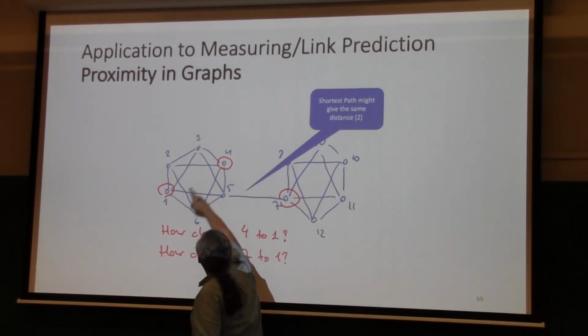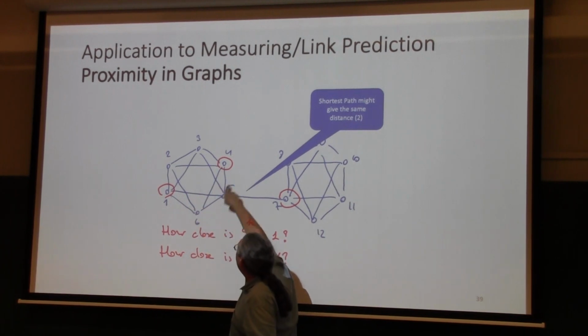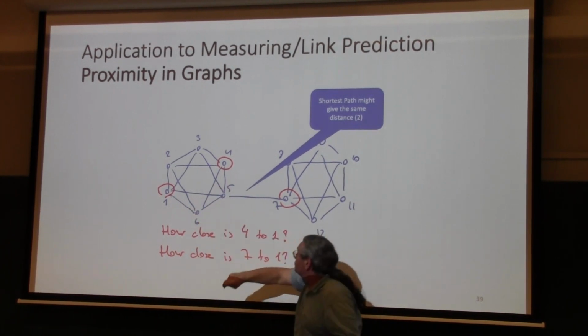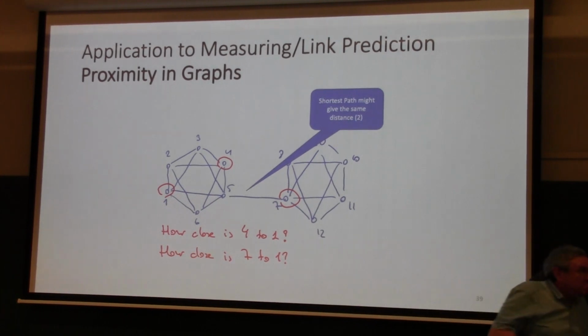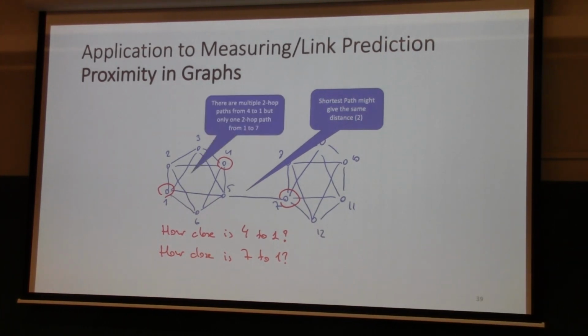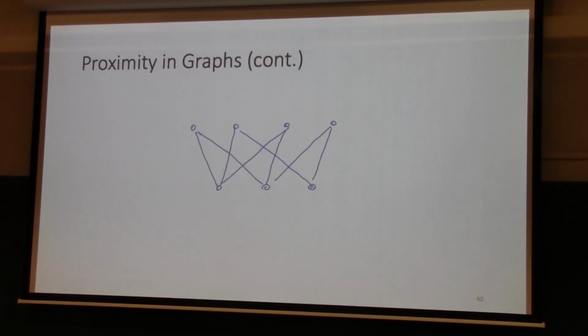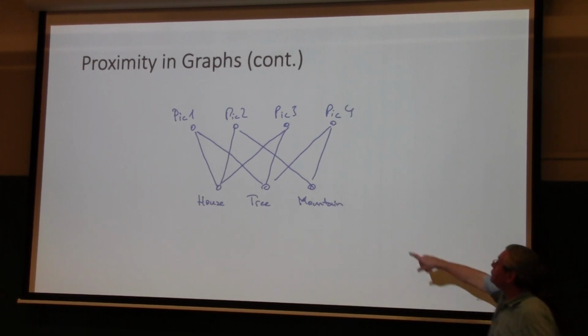But maybe 4 is closer because there's more paths. Maybe 4 is closer to 1 than 7, because for 7 there's only one path. Multiple 2-hop paths, but only one path from 1 to 7. So that's one way of extending it. This is called SimRank.